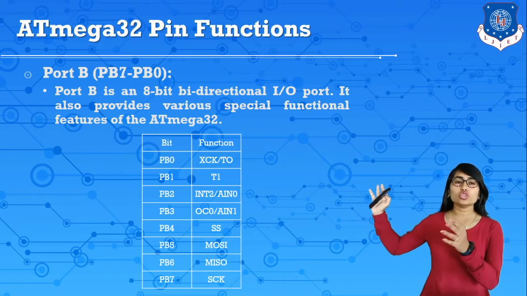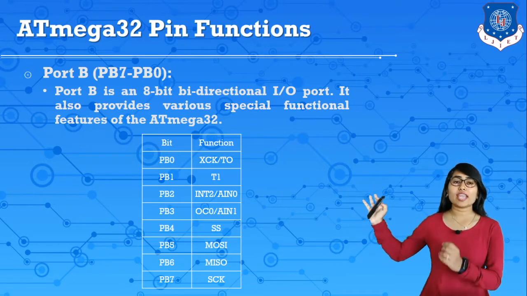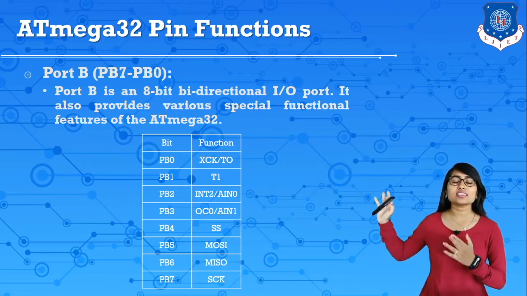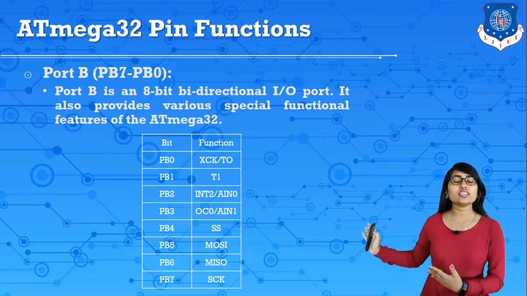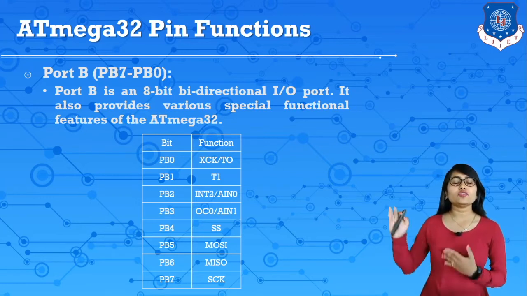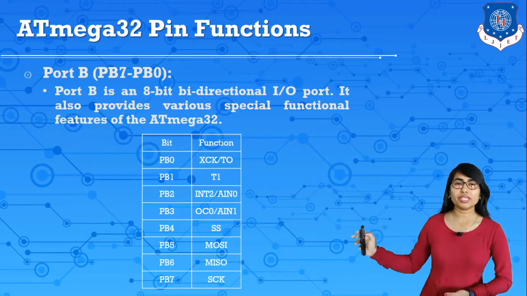For example, port B0, that means port B bit 0, has the XCK and T0 functions. So here all the functions are listed for ATmega32 port B. Let's discuss them one by one.